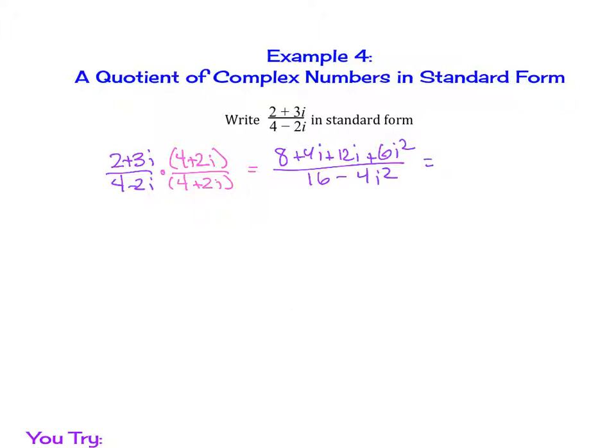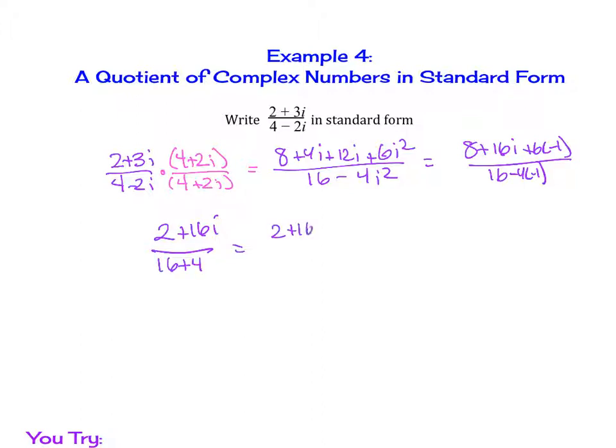Then we simplify. We get 8 plus 16i plus 6 times negative 1, all over 16 minus 4 times a negative 1. So this becomes 8 minus 6 is 2, plus 16i, over 16 plus 4.